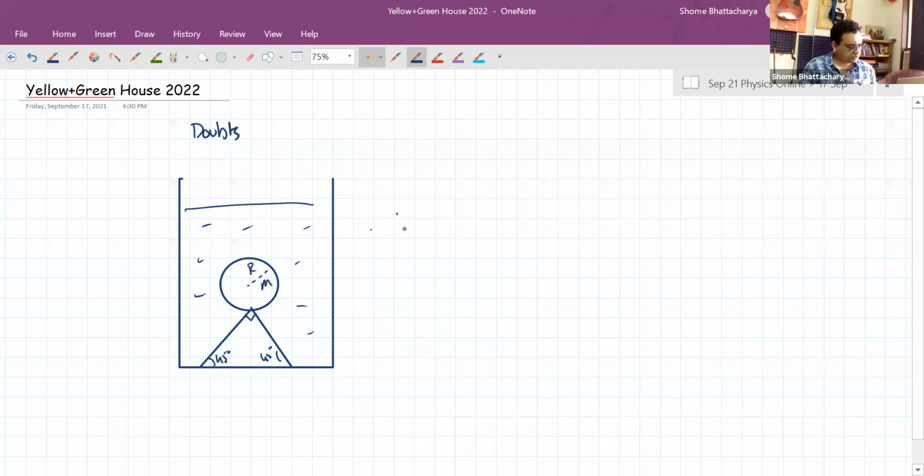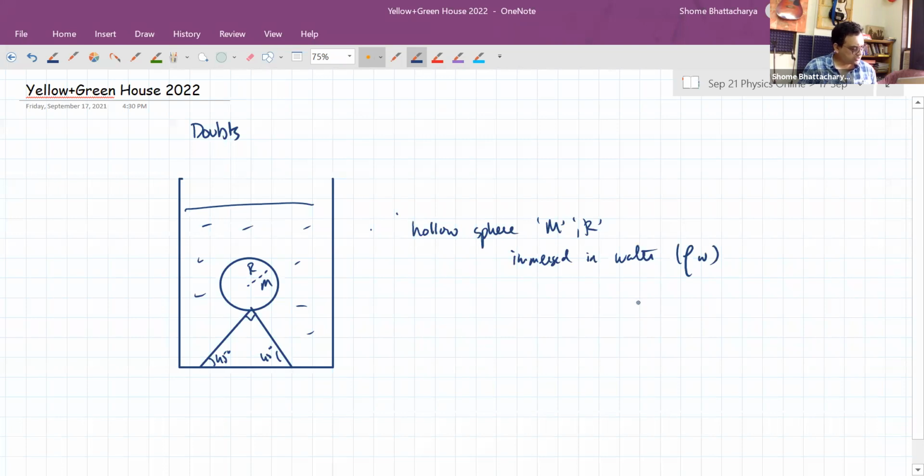So we have a hollow sphere of mass m, radius r, which is immersed in water which has density rho w.